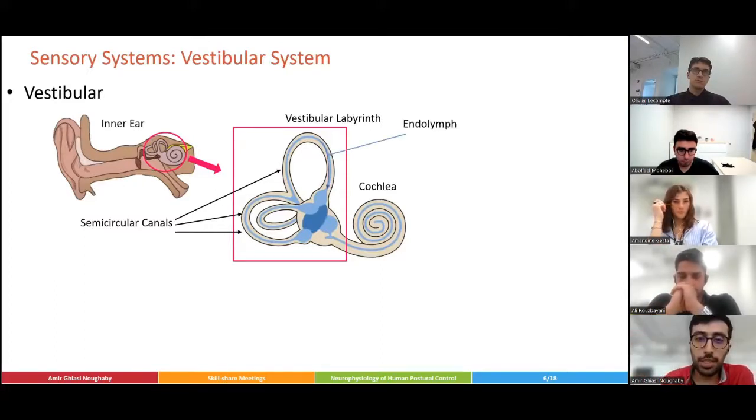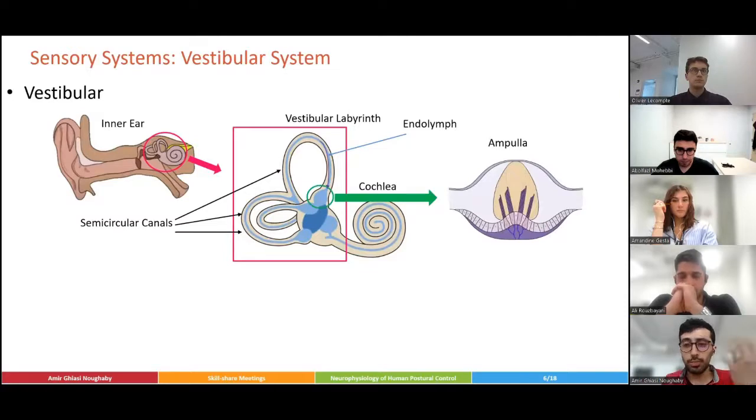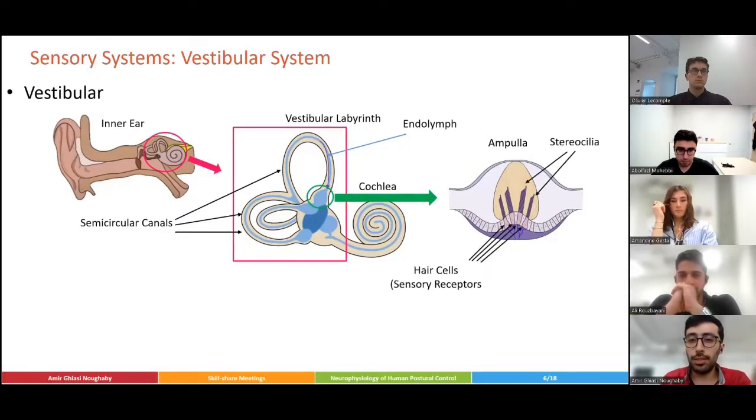And there is a fluid moving in each of these tubes called endolymph, that after movement goes to the part of the vestibular labyrinth called the ampulla, and this ampulla has some parts.